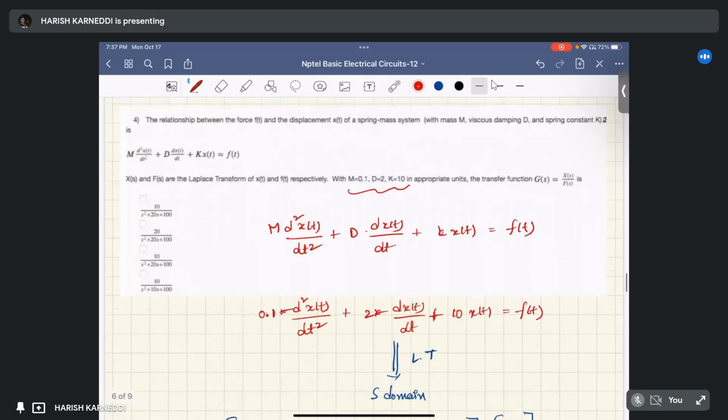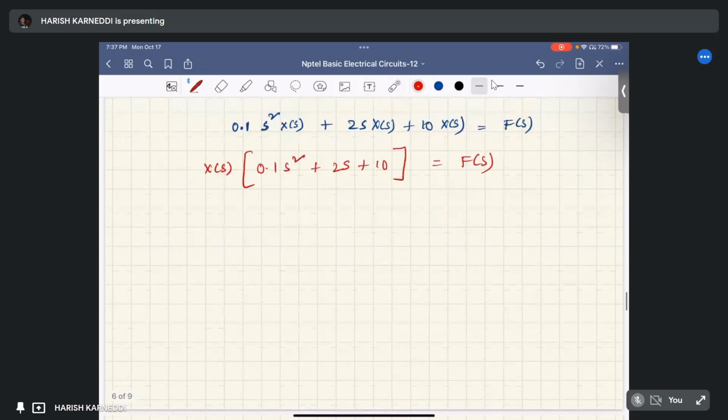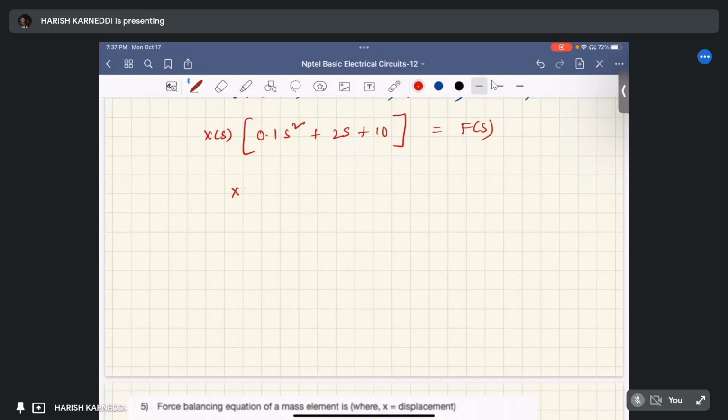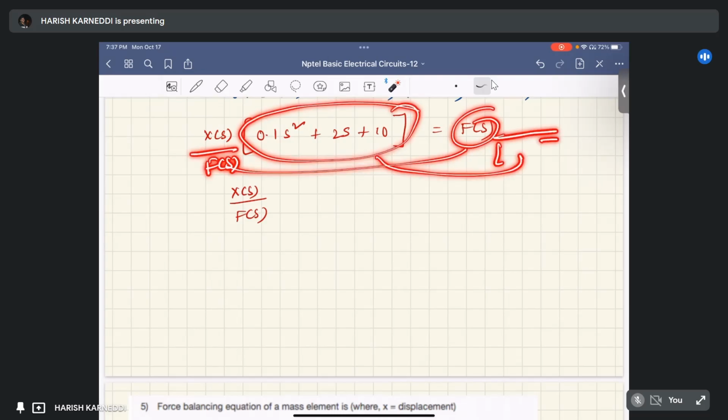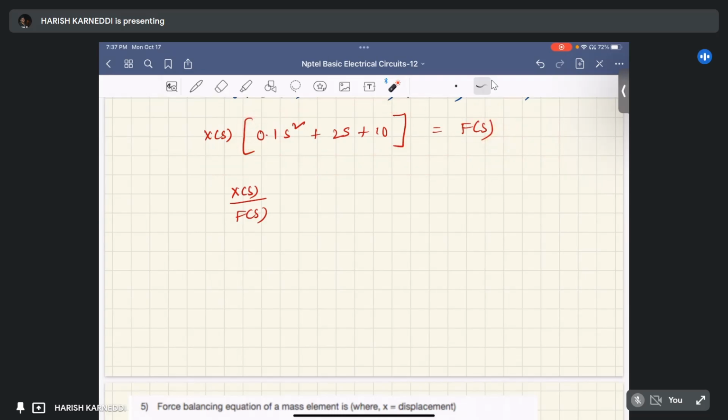We need X(s) by F(s). So we can bring this F(s) to the denominator side, and the equation becomes 1 by 0.1 s² + 2s + 10.